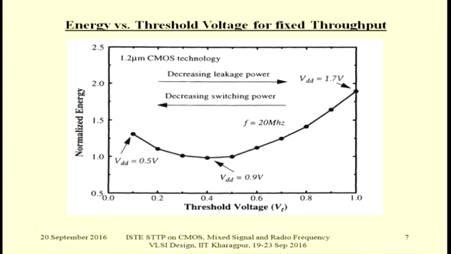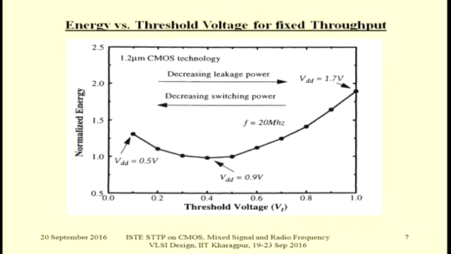So as we bring down the threshold voltage, more and more leakage power will be there. But what is its good role? The better thing is that the switching power gets decreased, because power is directly proportional to (VDD minus VT) whole square. So VT is coming down, that means less energy. Switching power is decreased, but the leakage power is increased.